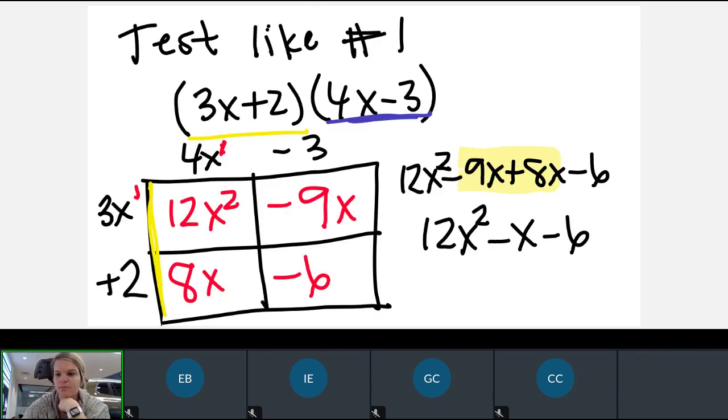I'm going to put this back up here. This is like test question number 1. So it's multiplying polynomial times polynomial. This is the box method. So you're going to put one of your terms, the yellow one, on the left, going up and down. The blue on the right, I put it going across the top.